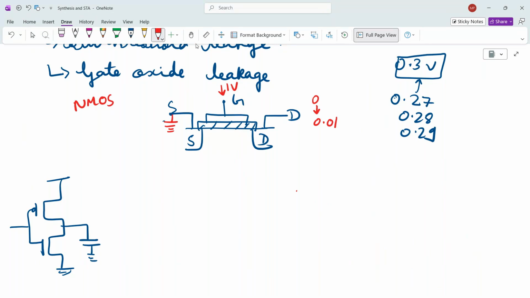It may be a very short nanosecond time, but in that time, what is happening? Because the gate is positive, the electrons present towards the source and towards the drain will get attracted towards the positive gate.